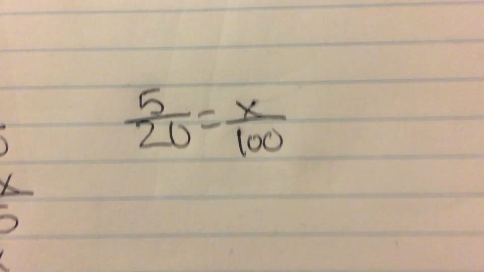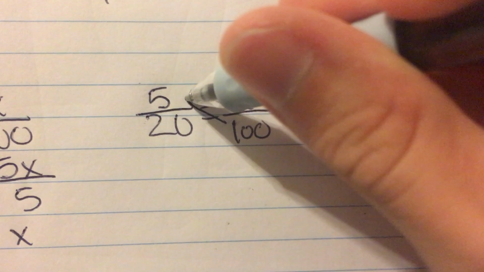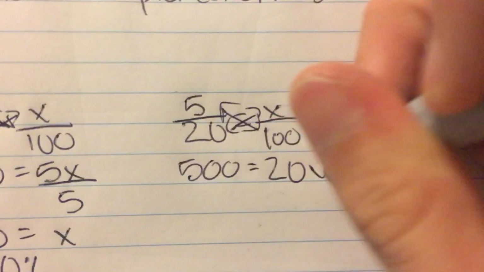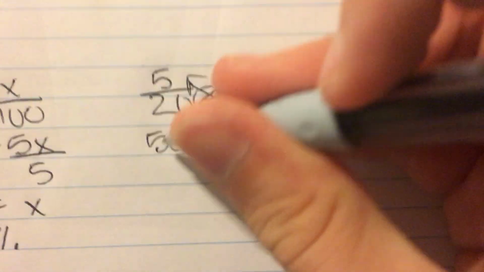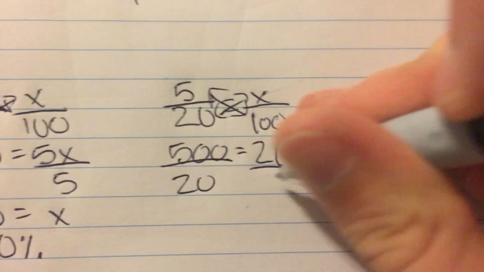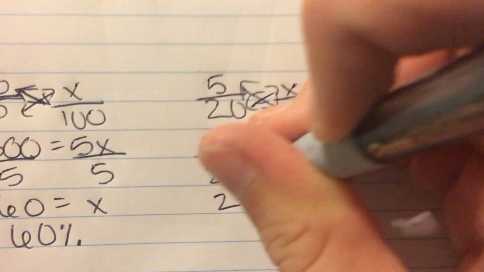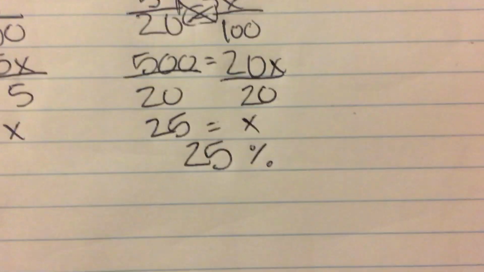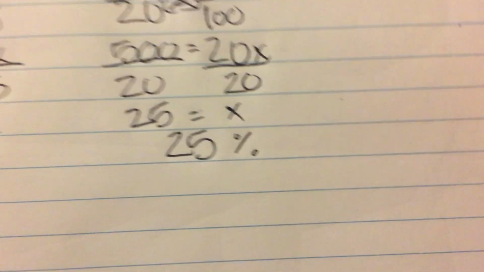Alright, now let's do the guys. So we're going to take 5 times 100 to get 500 equals, then 20 times x to equal 20x. Then we divide both sides by 20 to get 25 equals x, which means that any boy in class has a 25% chance of being picked on.